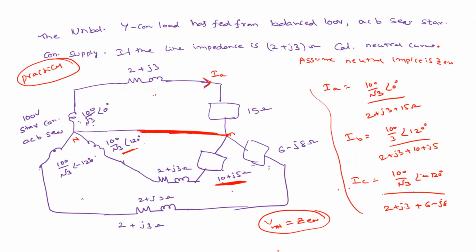Sir, in the previous case, if the neutral impedance is also 2 plus J3, then for IA also we have to consider mesh analysis, no? Yes, we need to use mesh analysis. In the previous one, you had added everything like a series connection. There is a theorem called the superposition theorem, which will be discussed in the next semester.